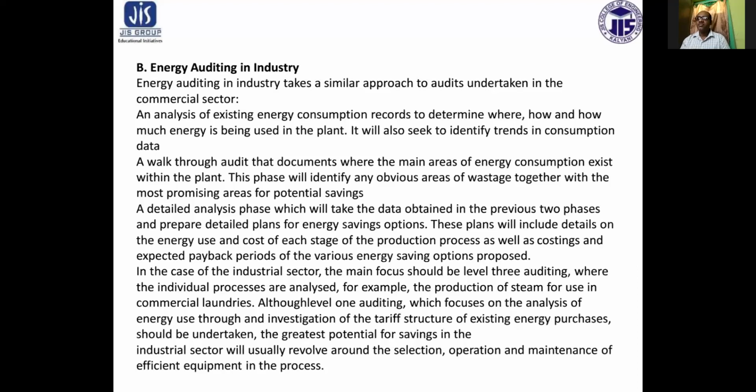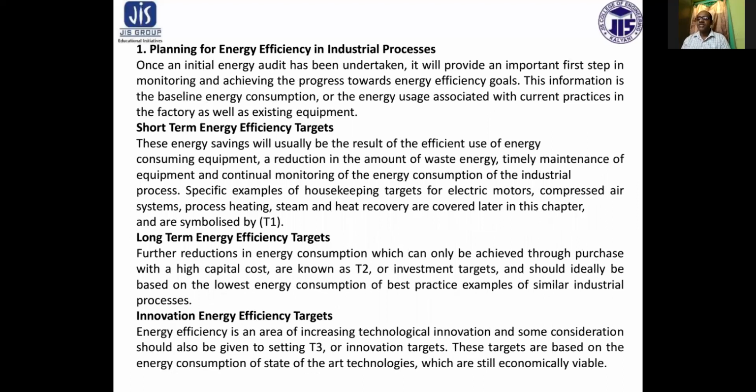Planning for energy efficiency in industrial processes. We need a concrete plan for energy efficiency in industrial sectors. Once the initial energy audit has been undertaken, it will provide an important first step in monitoring and achieving progress towards energy efficiency goals.